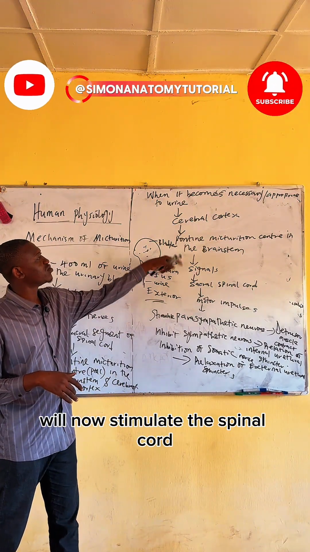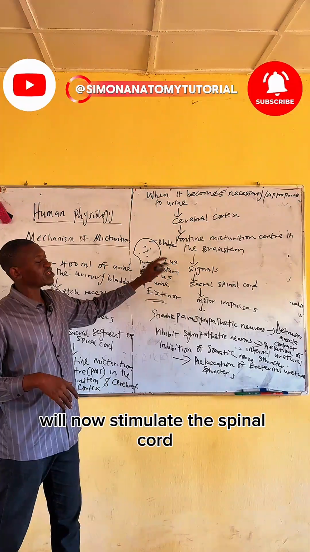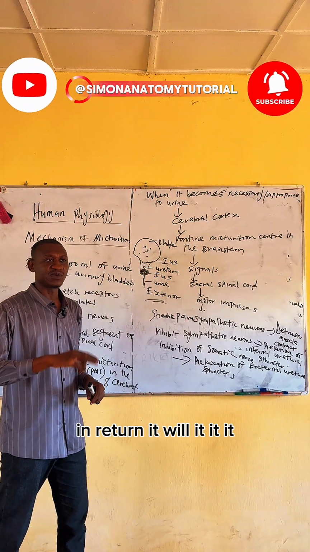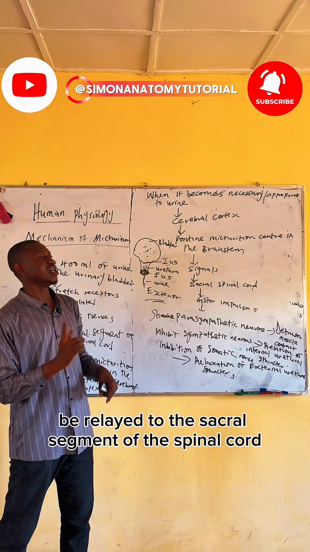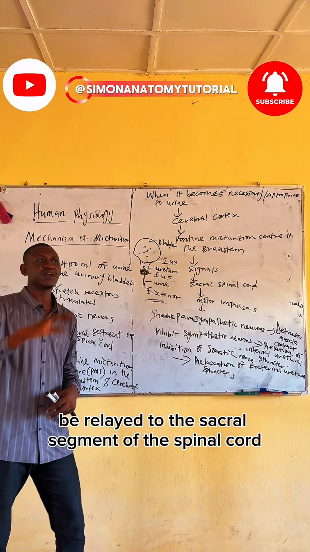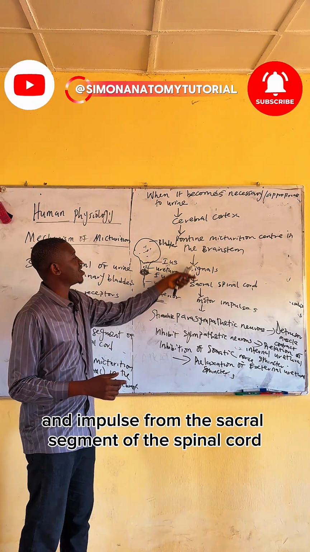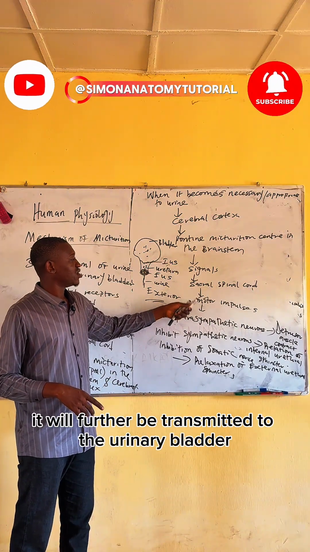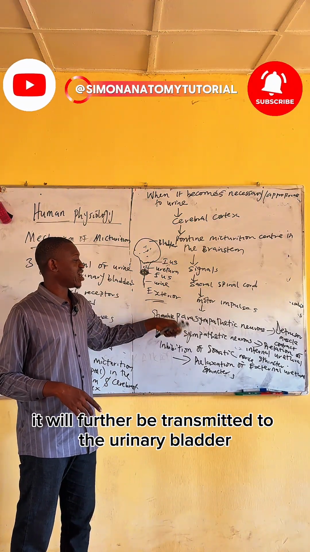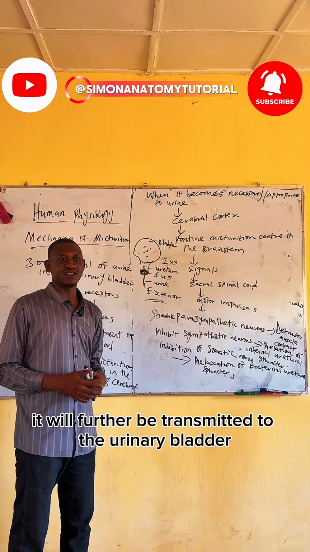In return, the impulse from the brain will be relayed to the sacral segment of the spinal cord, and from there it will be conveyed to the urinary bladder and the urethra.